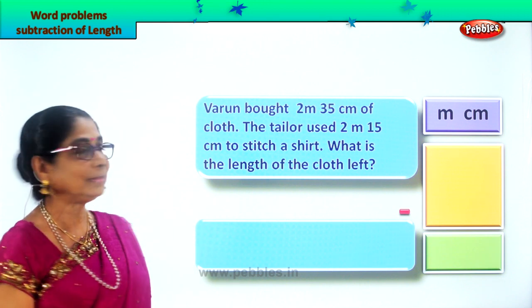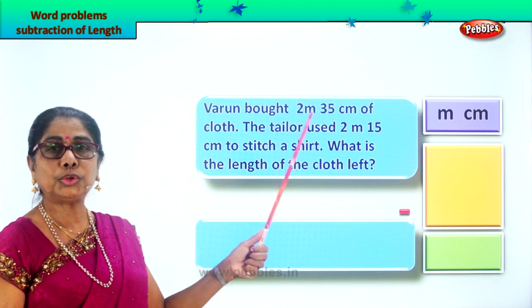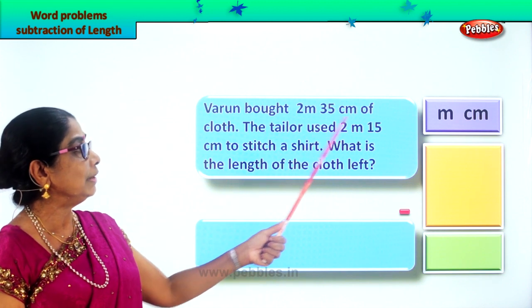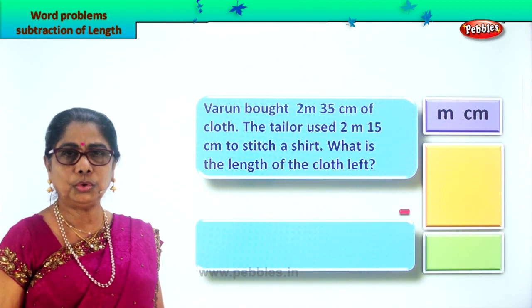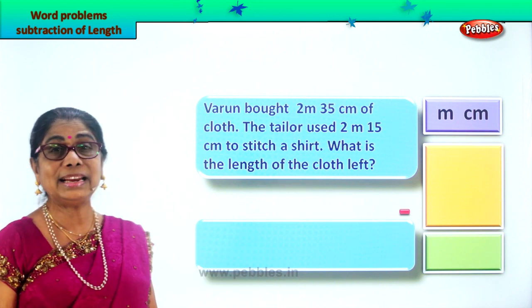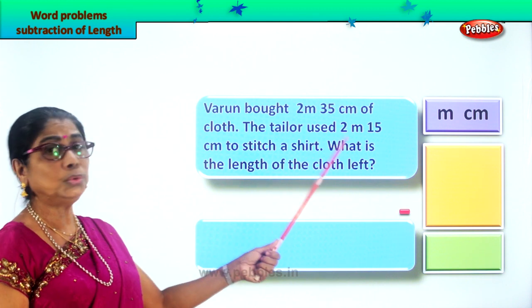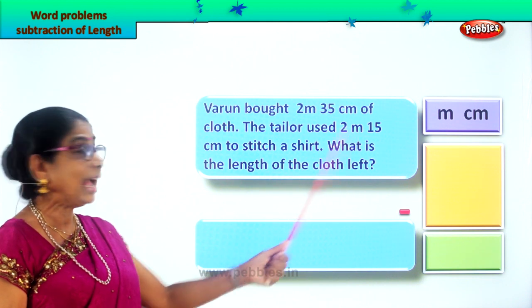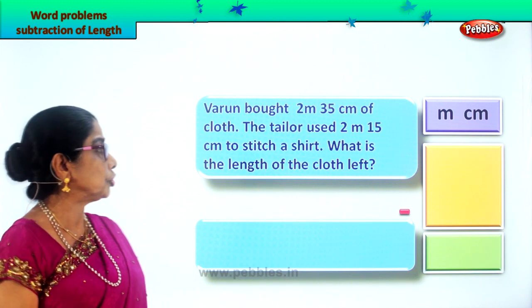Let's read together. Varun bought 2 meters 35 centimeters of a cloth. He bought a big, huge length of cloth, that is 2 meters and 35 centimeters. Now, the tailor used 2 meters and 15 centimeters to stitch a shirt.